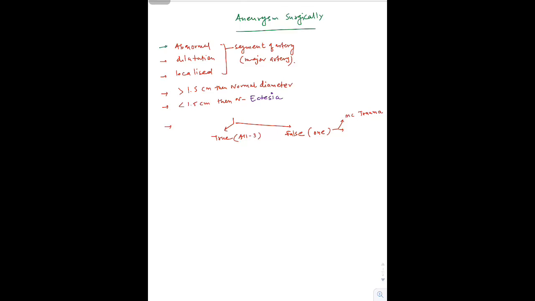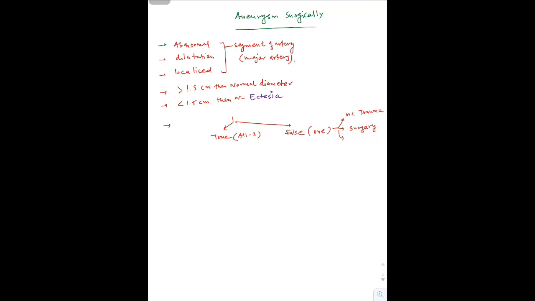So the gold standard treatment for this will be the surgery, or we can do a USG guided compression. So if the person is having any false aneurysm, then we'll have to operate on it immediately. Otherwise, we have to do some USG guided compression.